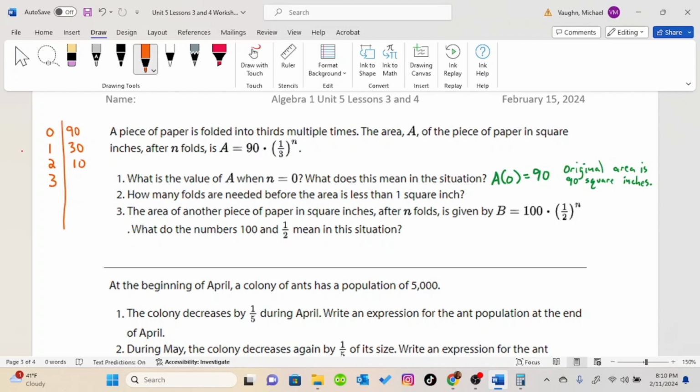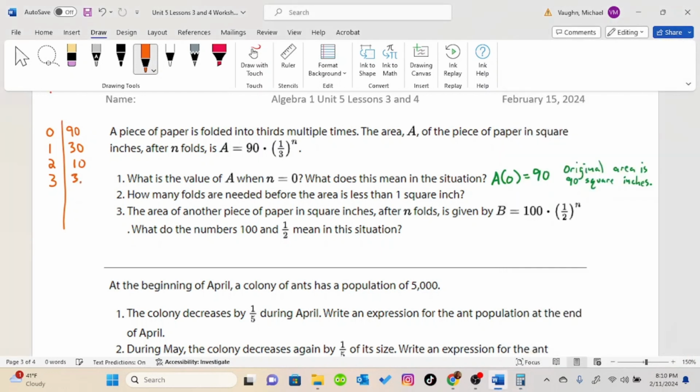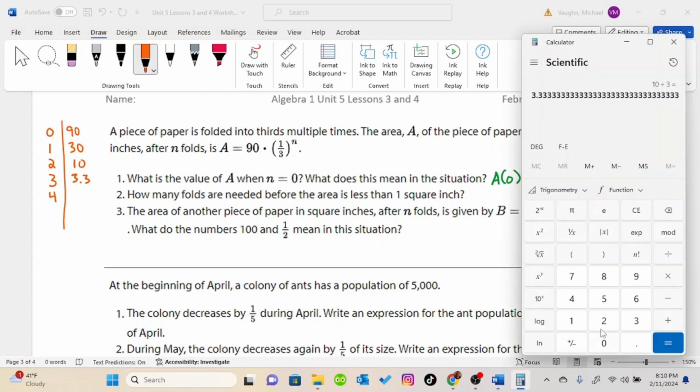So if we go to a third fold, that's 10 divided by 3 is 3.3. If we fold a fourth time, then we divide by 3 again, and we're at 1.1.